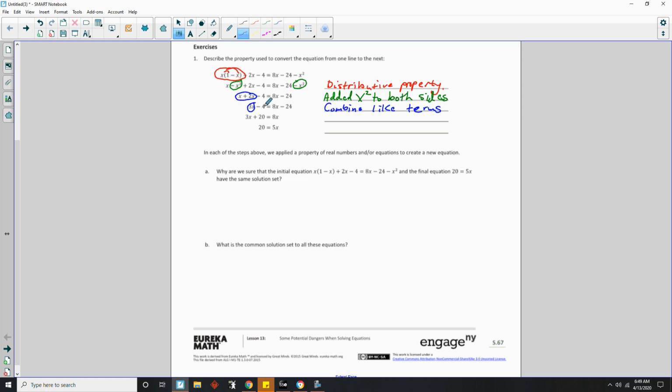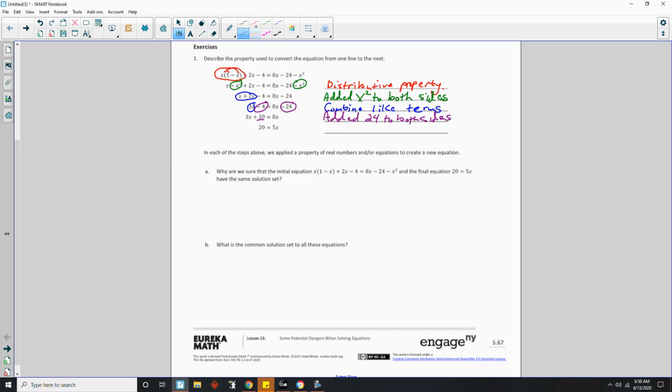All right, and then from 3x minus 4, let's see, we added 24 to both sides to get this 20 here. So added 24 to both sides. That's the addition property of equality. So we added 24 to both sides.